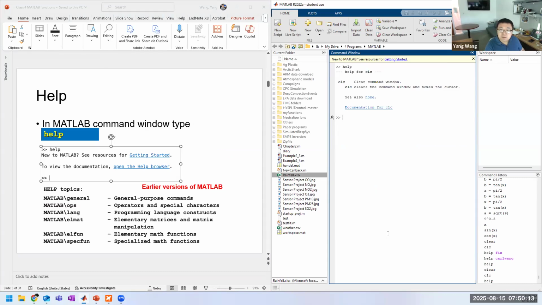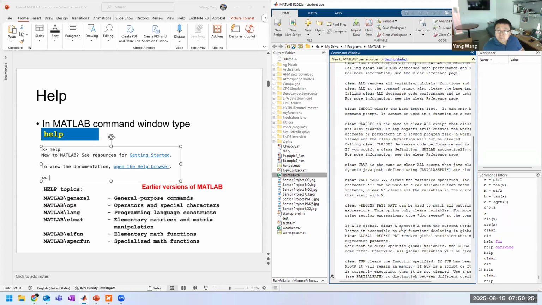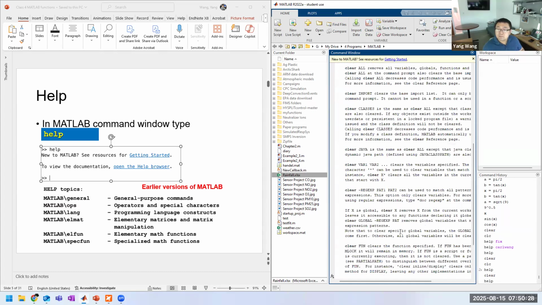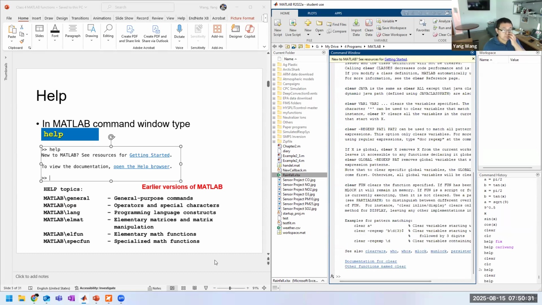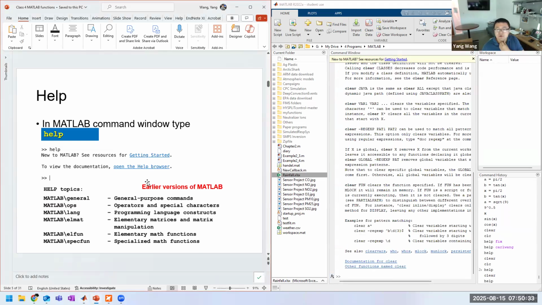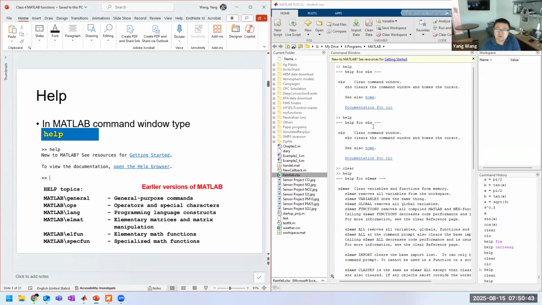And then if you just type in help, let me just type, yeah, so it's just giving the help of the previous command. So I guess this is a little bit different compared to the Mac version of MATLAB, right? I think maybe for the Windows version, when you type help, actually it's going to explain the previous command.